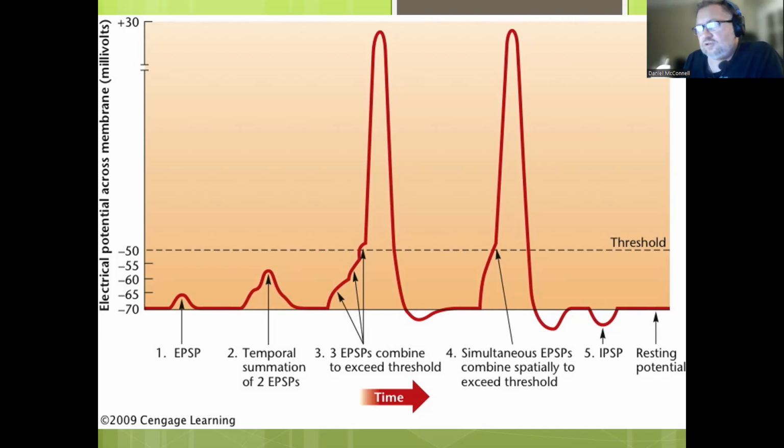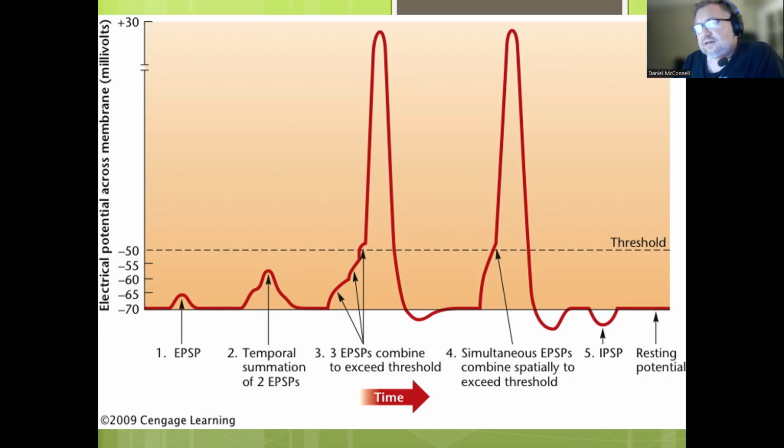Now, if we have two stimuli that have this kind of an effect on the neuron, and they occur close enough together in time. So you can see in part 1 here that it takes a small amount of time for that EPSP or that graded potential to dissipate and for the neuron to return back to its resting state. So what if halfway through that little spike, we apply a second stimulus, and now that raises us from the negative 65 up to maybe negative 55?